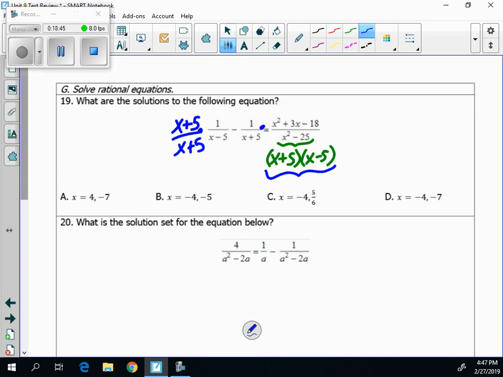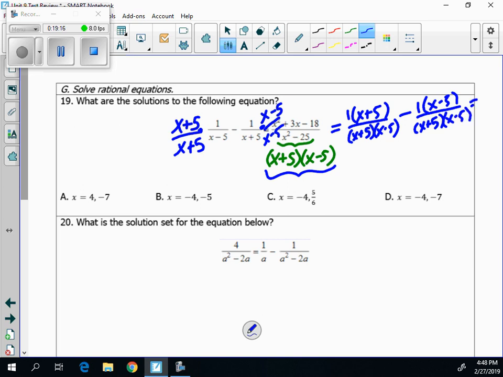When we rewrite this, we have 1 times x plus 5 over x plus 5, x minus 5, subtracting 1 times x minus 5 over x plus 5, x minus 5, and it equals x squared plus 3x minus 18 over x plus 5, x minus 5. Not a whole lot of room here.